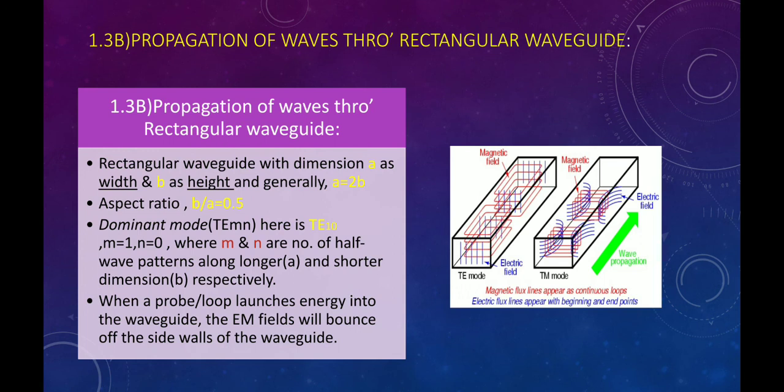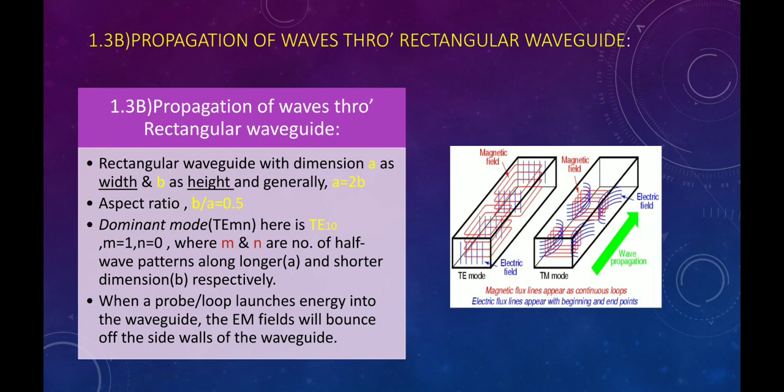Dominant mode of operation TEmn here is TE10, where m is 1 and n is equal to 0, where m and n are the number of half wave patterns along the longer, that is A dimension, and shorter dimension B respectively.